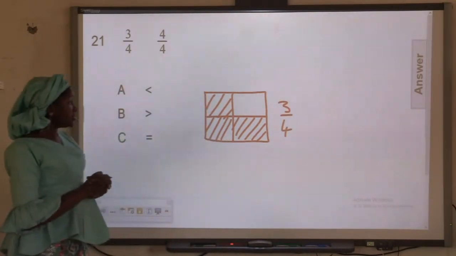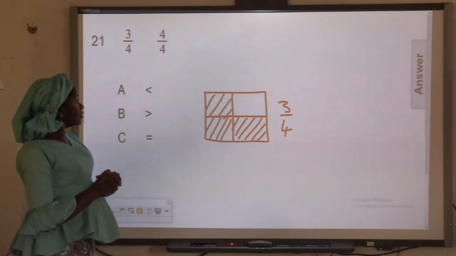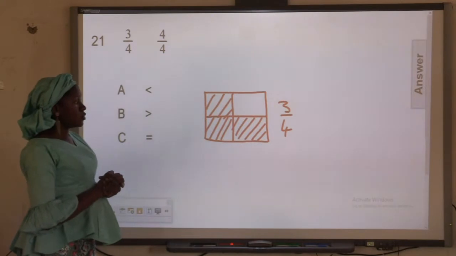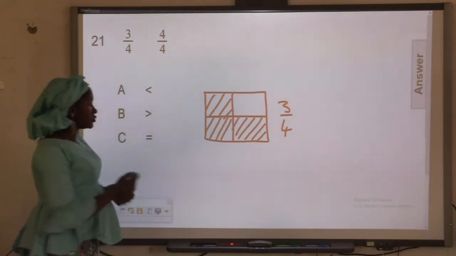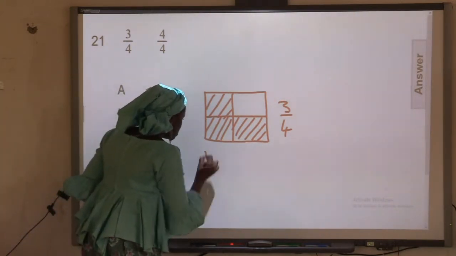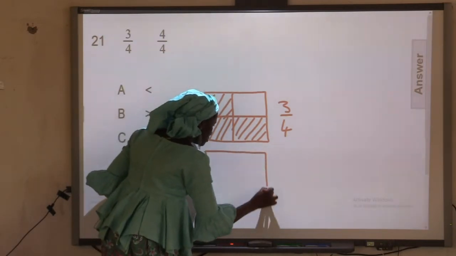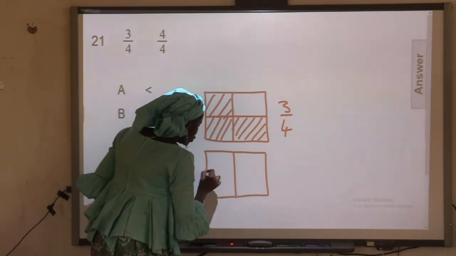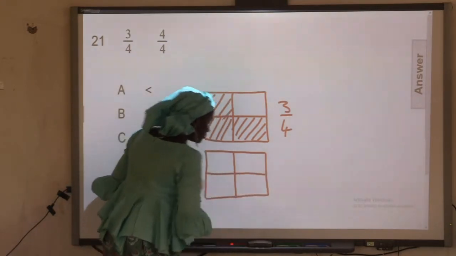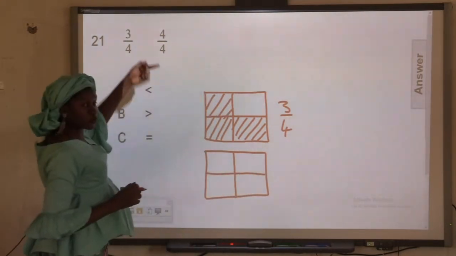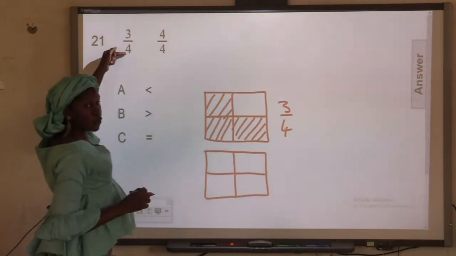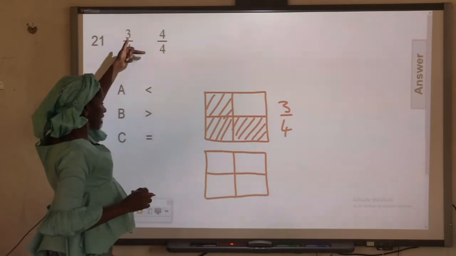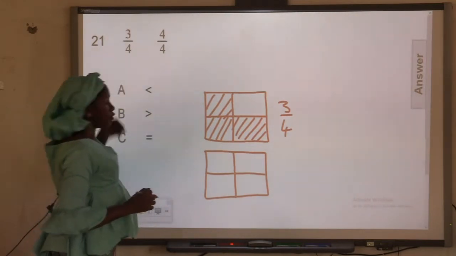The same chart I will draw again to represent 4/4. This is a whole. I divide it into 4 equal parts. And this is 4/4. We are comparing whether 3/4 is less or greater or equal to 4/4.